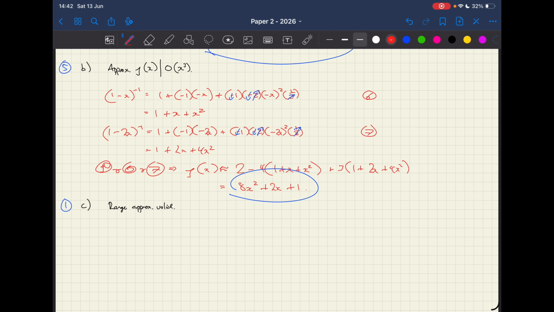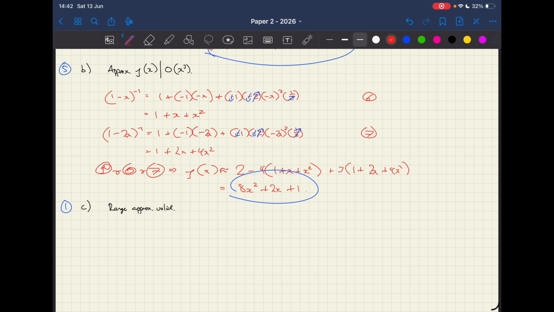Find the range that this approximation is valid for. Well, we had these two binomial approximations. So where we have 1 minus x to the minus 1, that tells us that we need to have our modulus of x less than 1. So call that fact number 8. If we were to have the other bracket, 1 minus 2x, that tells us that the modulus of x is less than 1/2.